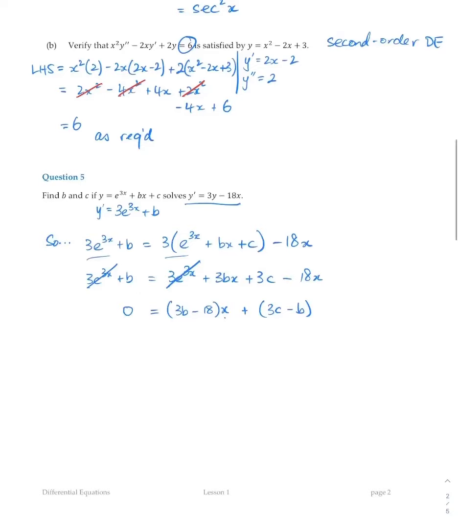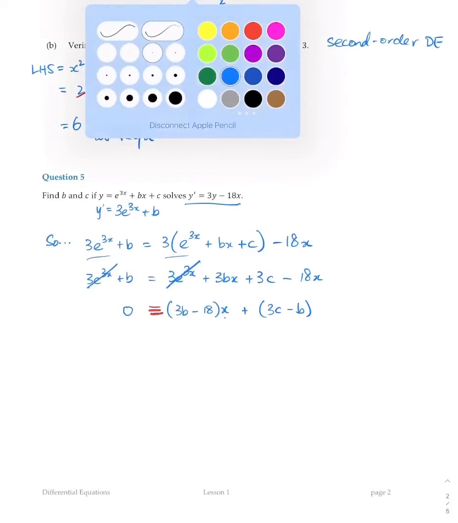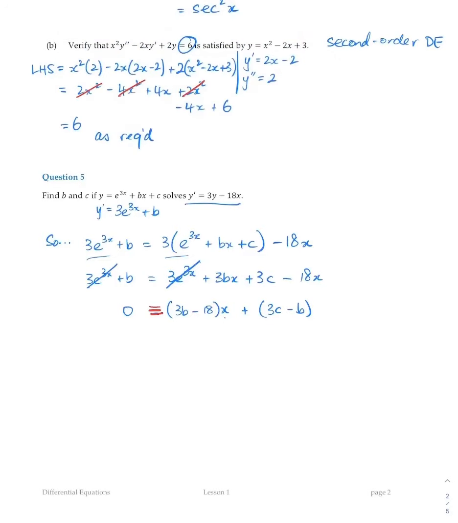There's a special symbol for that: identically equal to. What that means is that the coefficient of x has to be 0, because the coefficient of x on the left-hand side is 0, so the coefficient of x on the right-hand side equals 0. So we equate coefficients of x and the constants.